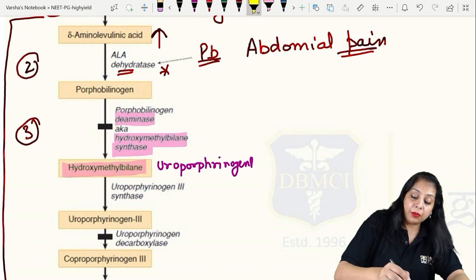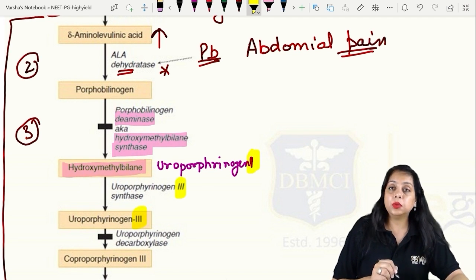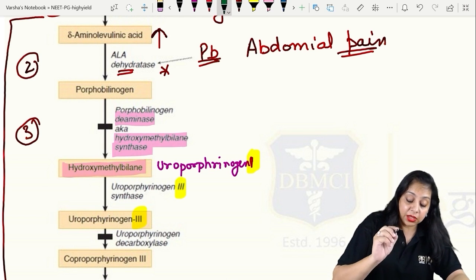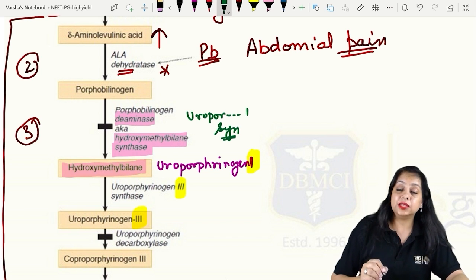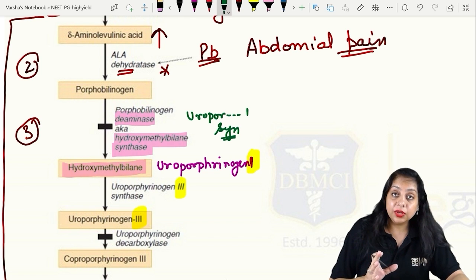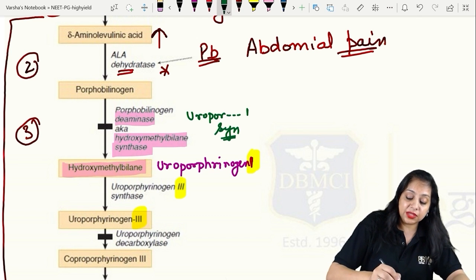How are you going to remember? Afterwards you are making uroporphyrinogen 3, so this is the 1. And so the third name of the enzyme is uroporphyrinogen 1 synthase. Remember this, this enzyme has 3 names. Very, very important. Porphyria if this enzyme is deficient.